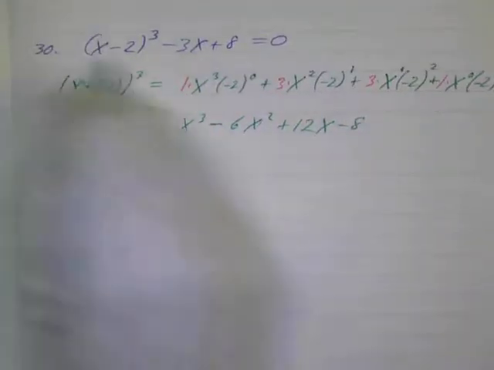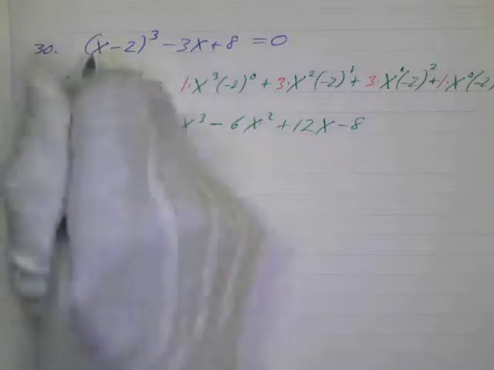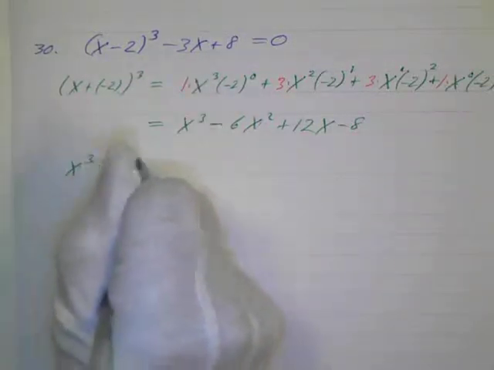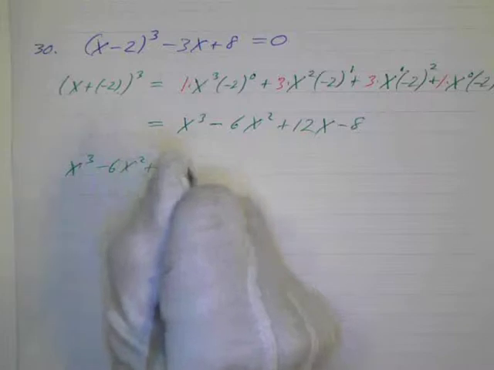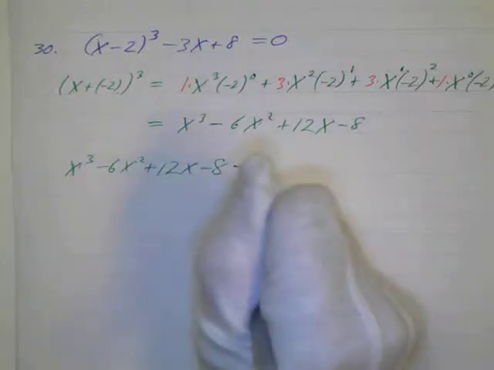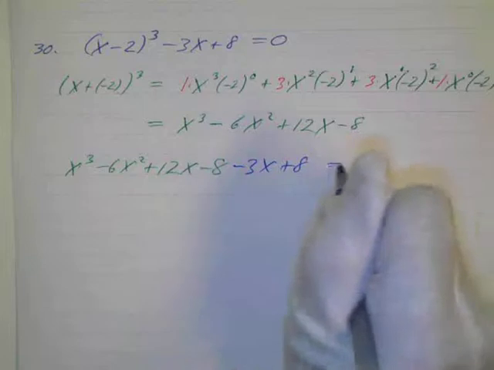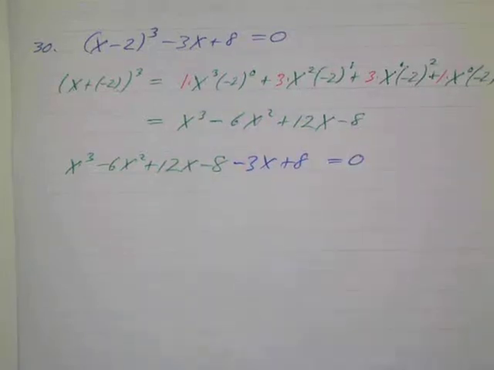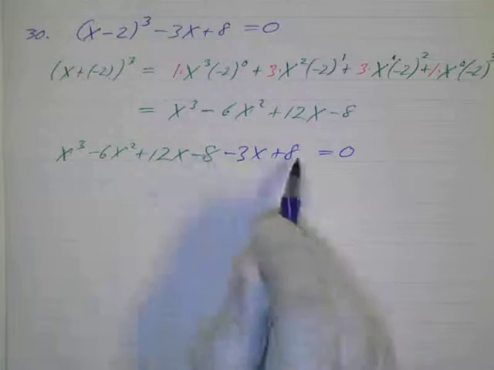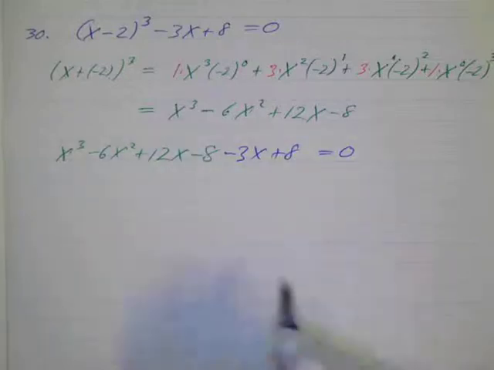So now we can rewrite this. I'll write this over here. So this part here was x cubed minus 6x squared plus 12x minus 8. And then the rest was negative 3x plus 8 equals 0. Okay? Now, you notice that 8 minus 8 is 0.